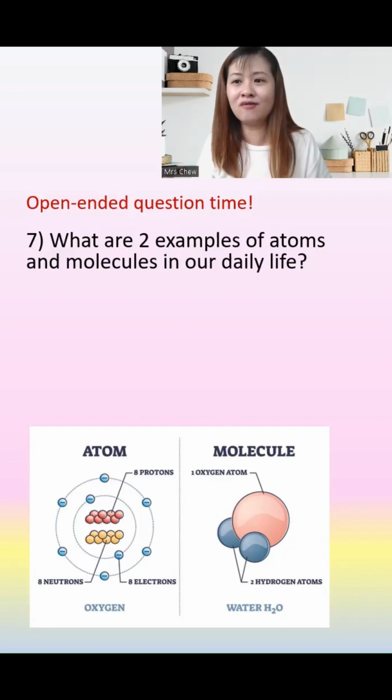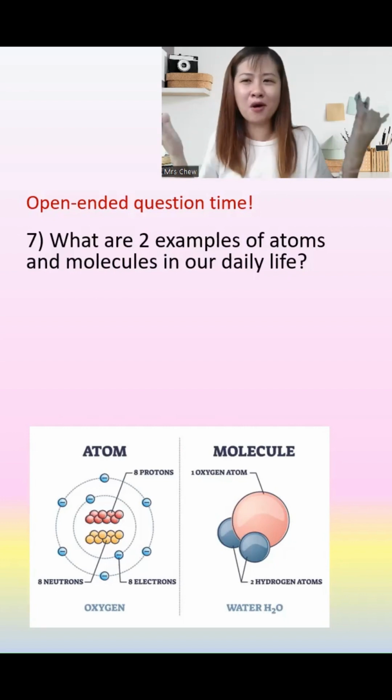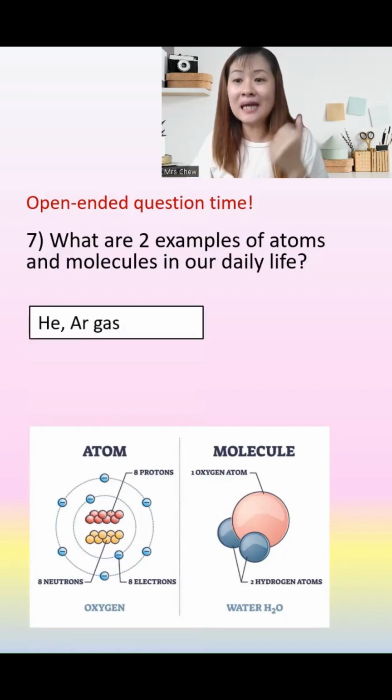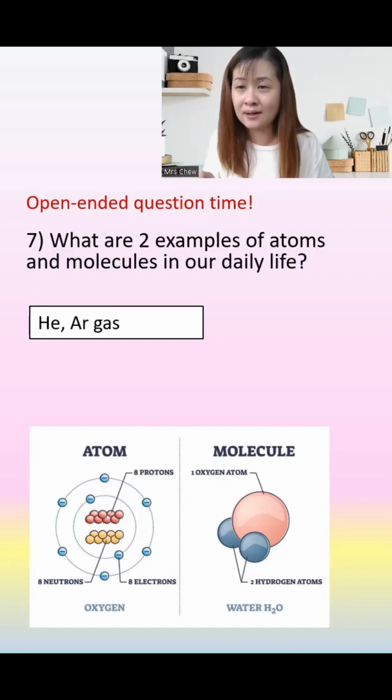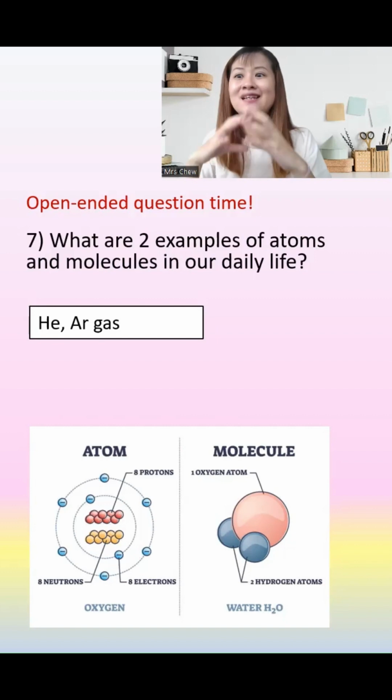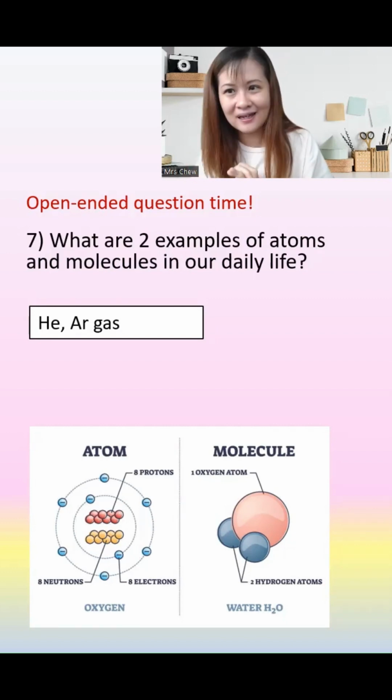So I would like to give you 2 examples. You can have more than that. Helium and argon gas are some of the atoms in our daily life because they are in group 8. They do not need to form molecules. They are already stable, all right? Helium gas, argon gas.